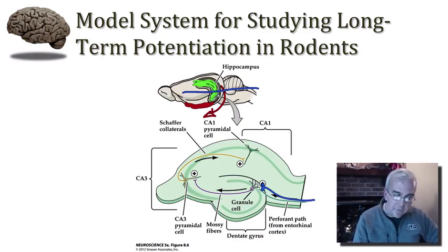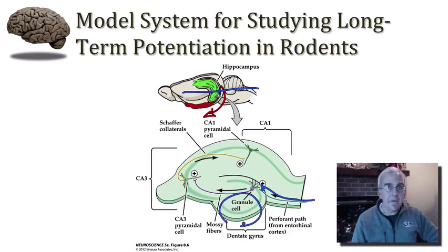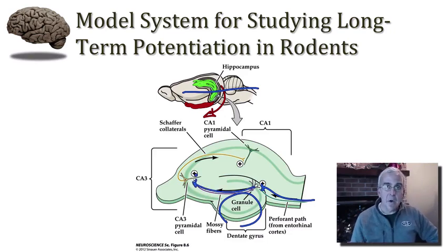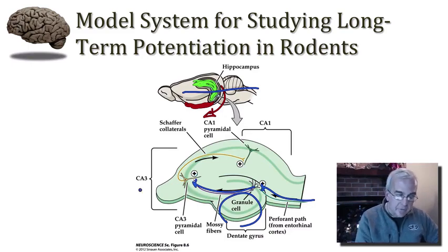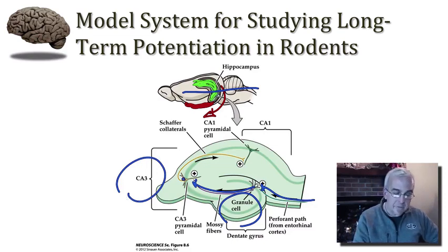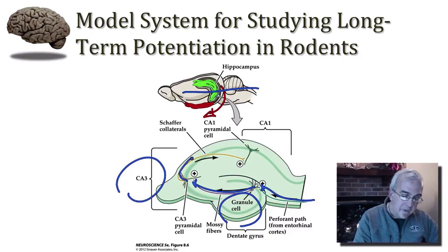And these inputs make synaptic connections on a type of cell called the granule cell. The granule cell then sends synaptic inputs to a large pyramidal cell that's found in a region called the CA3 region of the hippocampus.